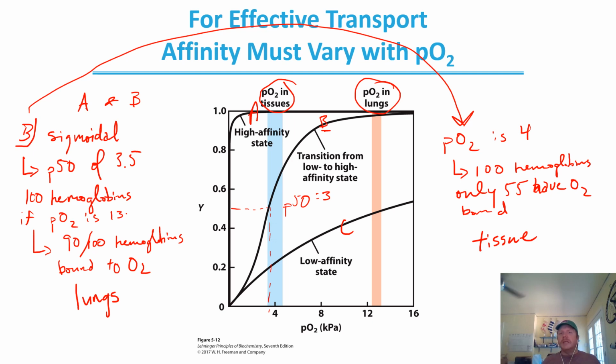That means about 35 of those proteins, when they got to the tissues, released oxygen. So now our tissues have been oxygenated. And it's because of this affinity that we see with our hemoglobin proteins. They had a high concentration in the lungs, a low concentration in the tissues. When they got to the tissues, they were able to release it because the concentration of oxygen in that environment was low relative to the lungs.